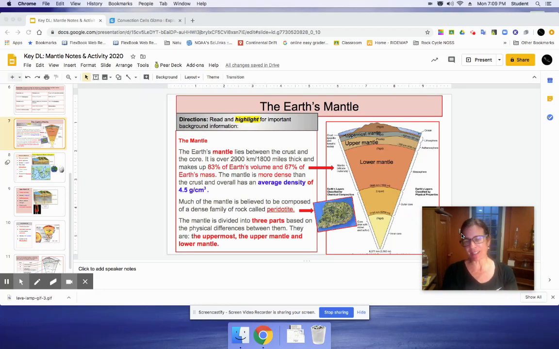Now, that doesn't seem very dense, but comparatively to the crust, it is slightly denser. Remember, the continental crust, which is composed of this light-colored, speckled rock, granite, has an average density of 2.7 grams per cubic centimeter. And then we have this dark-colored rock.